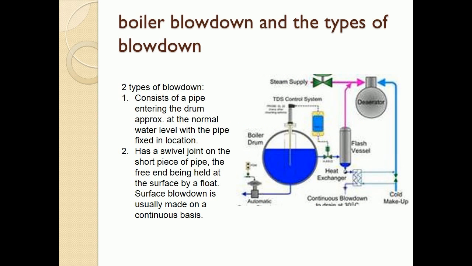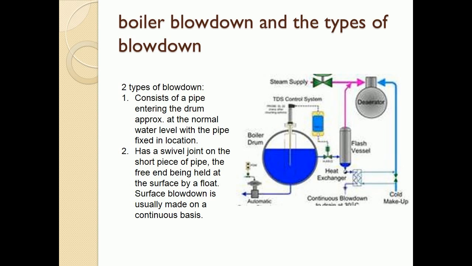What are the types of boiler blowdown? There are 2 types of blowdown. 1. The continuous blowdown consists of a pipe entering the drum at approximately the normal water level with the pipe fixed in location.